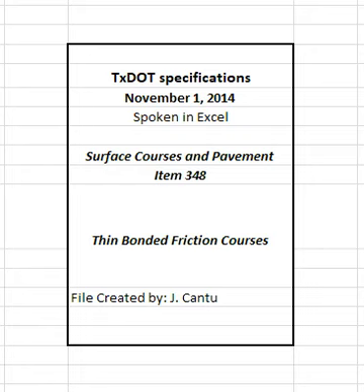6. Payment. The work performed and materials furnished in accordance with this Item and measured as provided under Article 348.5, Measurement, will be paid for at the unit bid price for thin bonded friction courses membrane, asphalt of the binders specified, and aggregate of the surface aggregate classification specified.